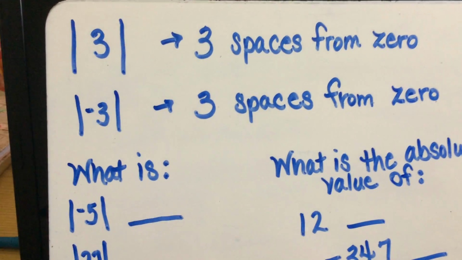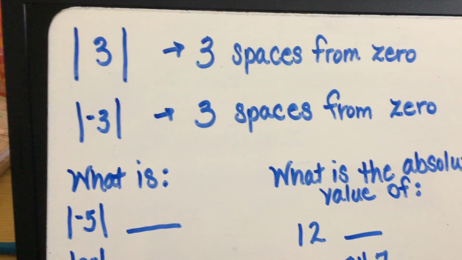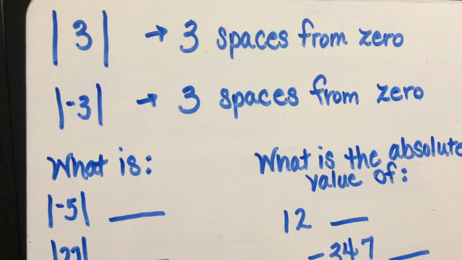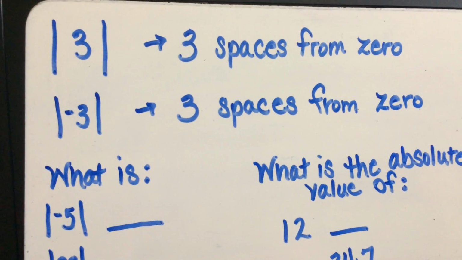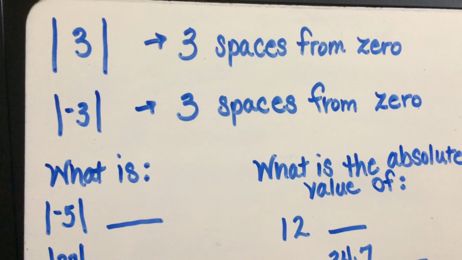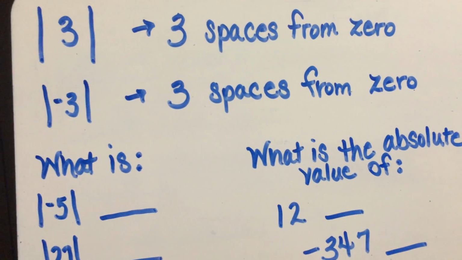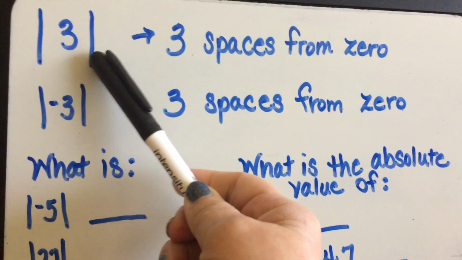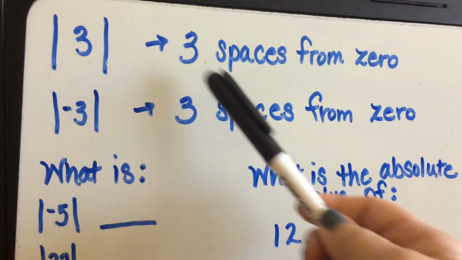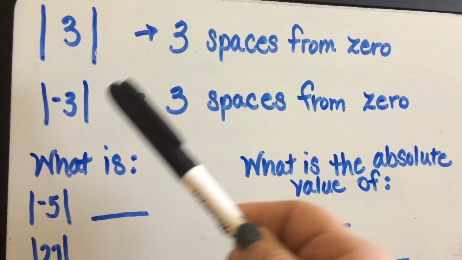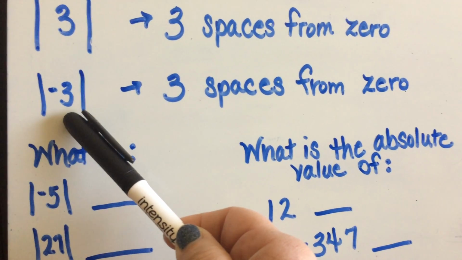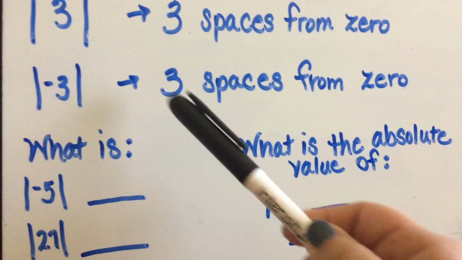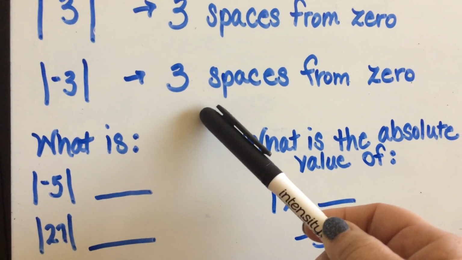Absolute value has nothing whatsoever to do with the sign that you see in front of the number. All it's representing is how many spaces from 0 that is on the number line. The absolute value of 3 is 3 spaces from 0. The absolute value of -3 is still going to be 3 because it's 3 spaces from 0.